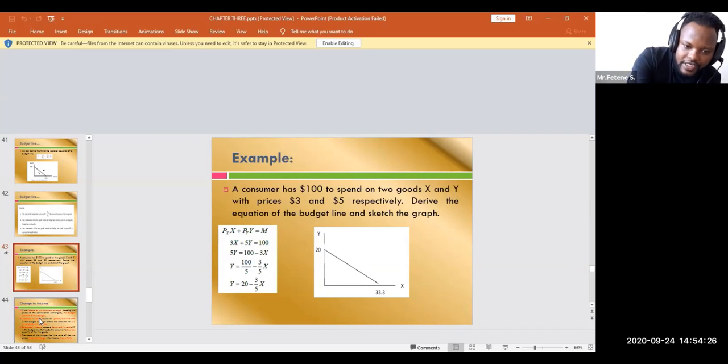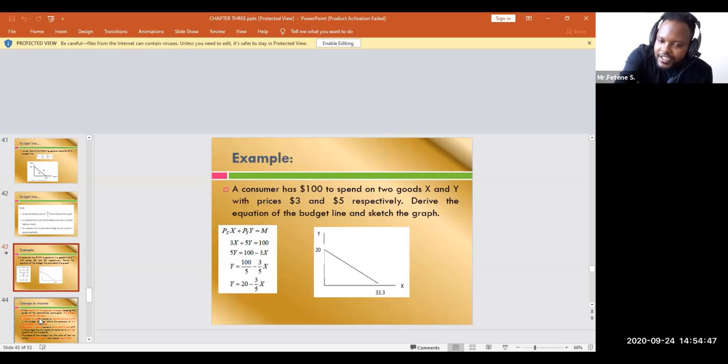From this we can derive the equation. 5y is equal to 100 minus 3x. Dividing by 5, y equals 20 minus 3/5 x. This is the budget line equation.